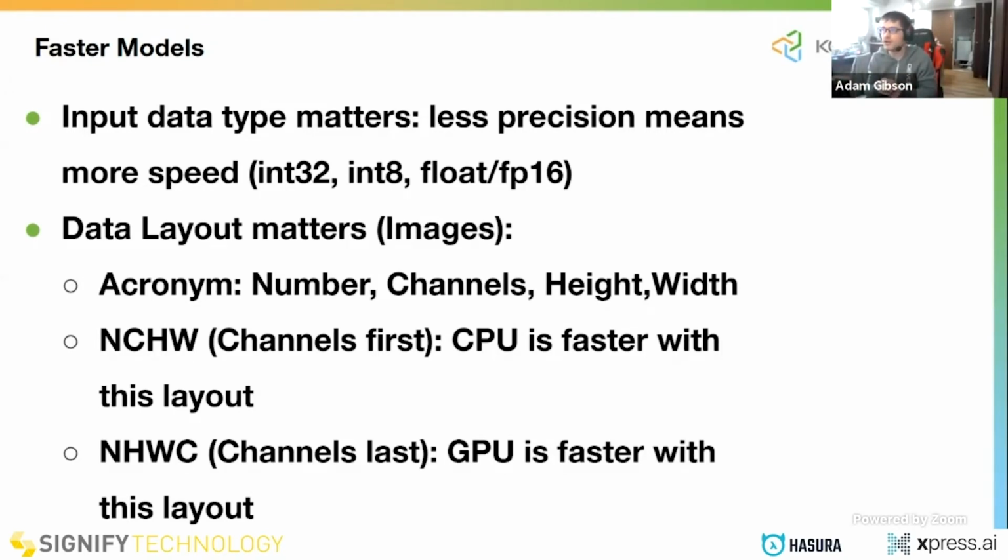Data layout: it turns out the CPU is faster with NCHW, which means number, channels, height, width. If an image is RGB, you have 3 channels, so you have number, channel, height, and width of the image. GPUs prefer channels last, as it's called, NHWC. There are various reasons for this, but in general, understand that the way you input your data matters, the way you save your model matters, and what's in the model matters.